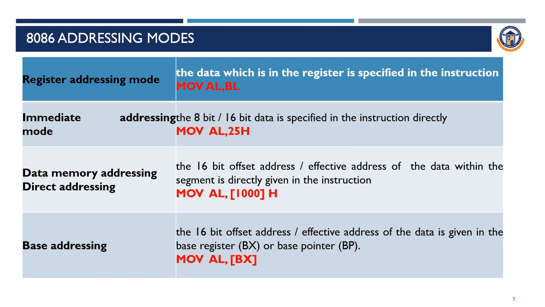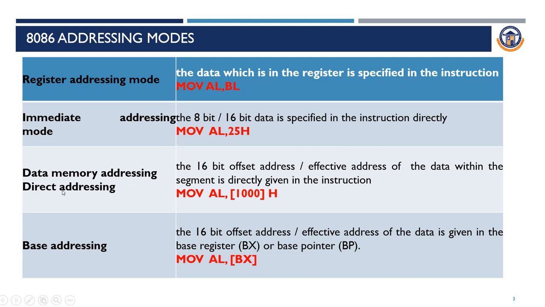First one is register addressing mode, where, as the name indicates, the instruction itself specifies the register in which the data is stored. Immediate addressing mode, where immediate data is specified in the instruction itself. So 25H is moved to the 8-bit register AL.